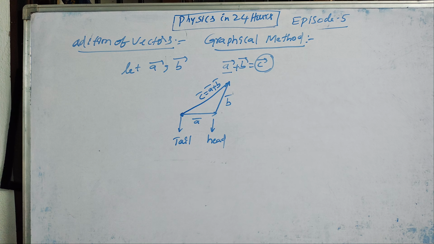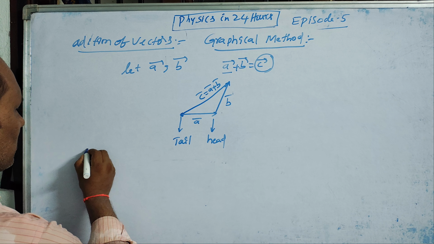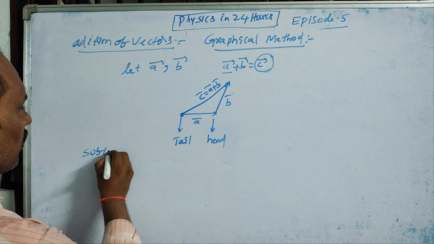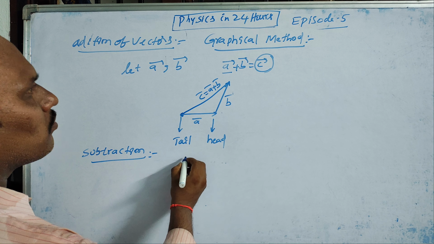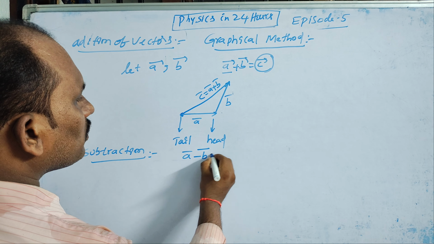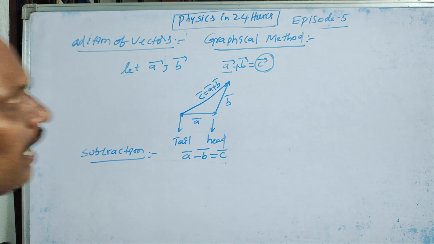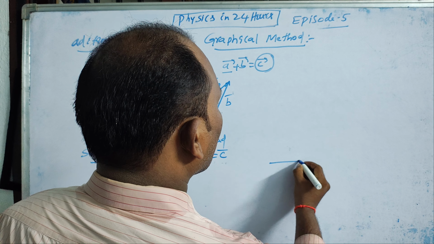So now I have to go with subtraction. So subtraction, how to handle it? Once again, A bar minus B bar is equal to C bar. How to handle it? Let us say this is A bar.